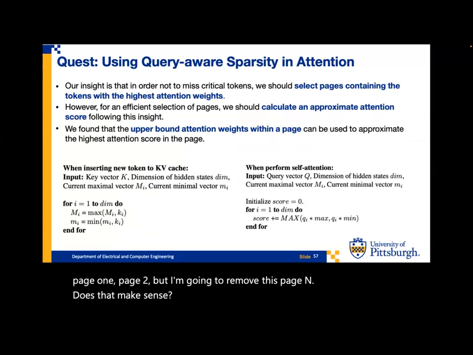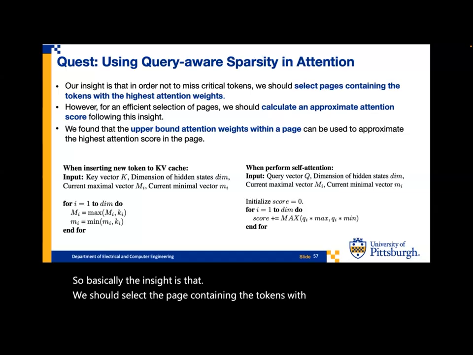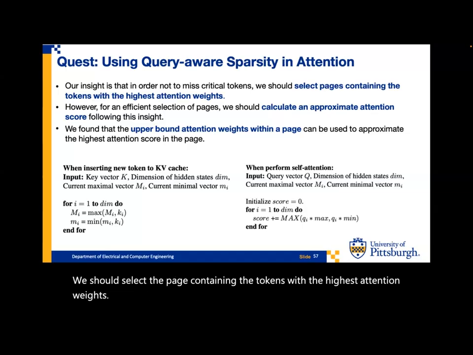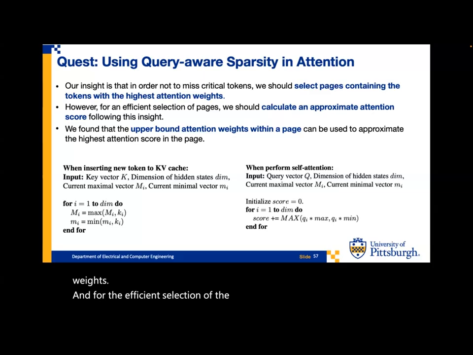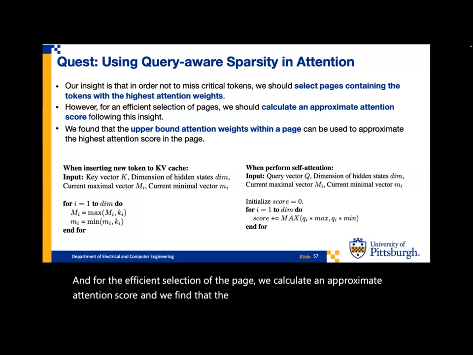So basically the insight is that we should select the pages containing the tokens with the highest attention weights. And for efficient selection of the pages, we calculate an approximate attention score. We find that the upper bound of the attention weights within a page can be used as an attention score.